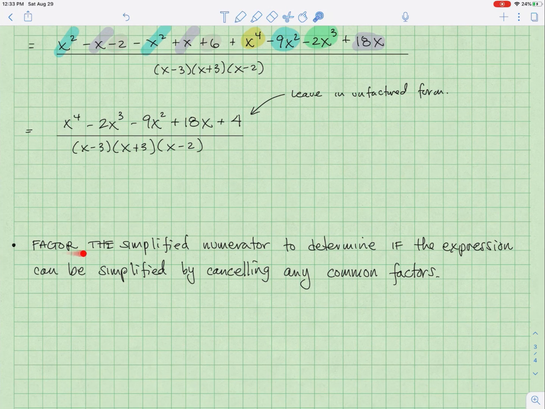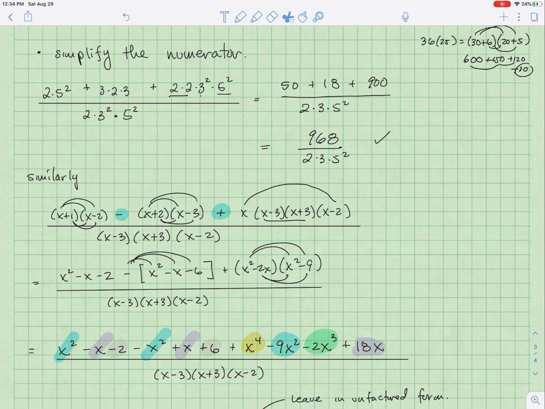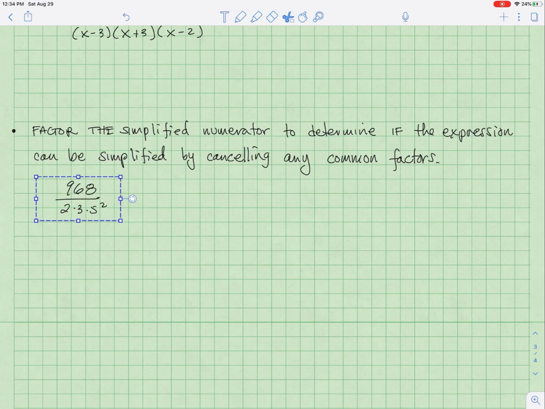If I could factor it, I would then be able to move on to the next step, which is factor the simplified numerator to determine if the expression can be simplified by canceling any common factors. So let's take a look at that here in our little fraction. For our little fraction, we might try to factor 968. At least we could probably pull a 2 out of there.